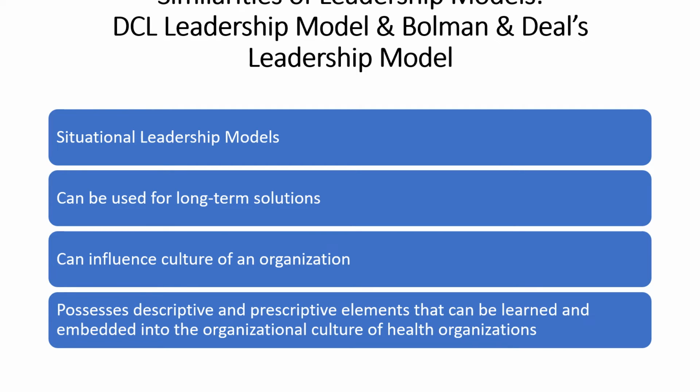Similarities between the DCL leadership model and the Bolman and Deal leadership model include: they are both situational leadership models, meaning depending upon the situation presented, leaders can evaluate the situation and choose a different leadership style or framework to best implement to solve the problem or issue.